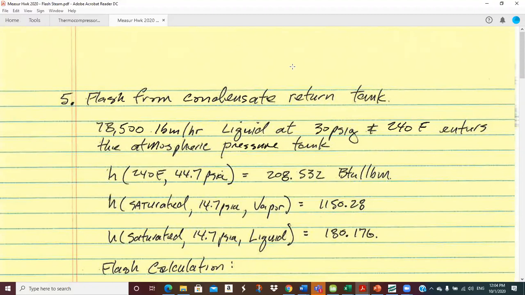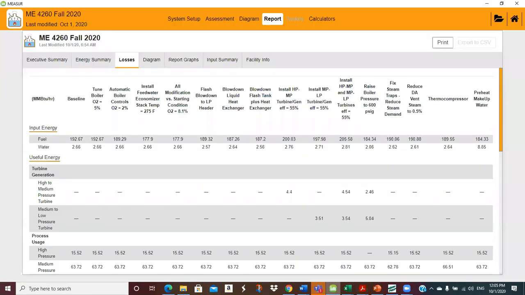I started out just wanting to show everybody the calculation. I feel fairly confident that you all already know how to do this, but it doesn't hurt to look at it. And so the 78,500 pounds an hour came from the MEASUR software.